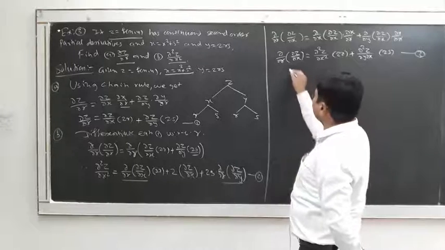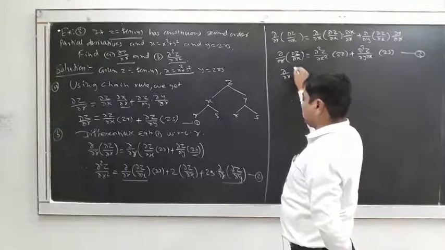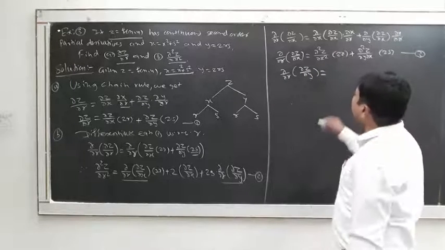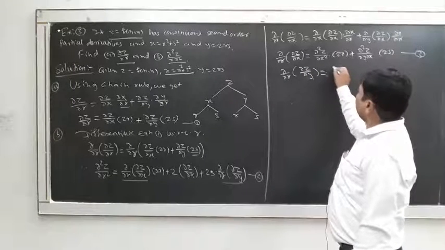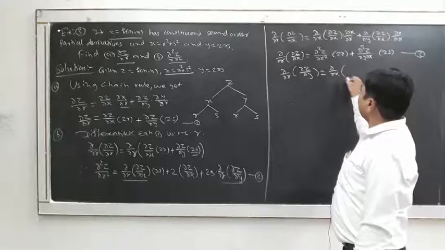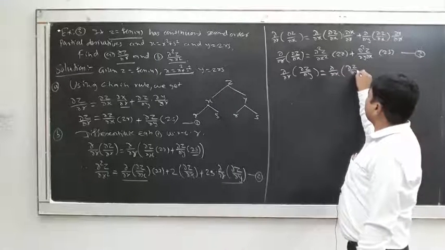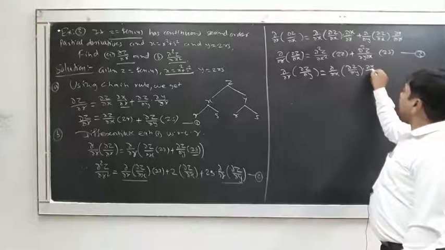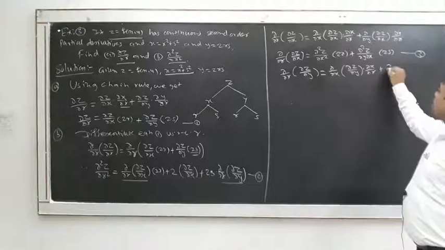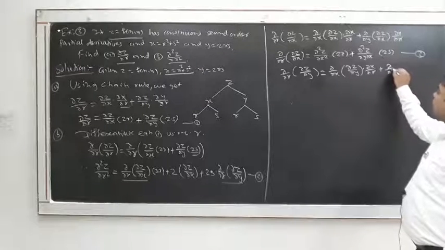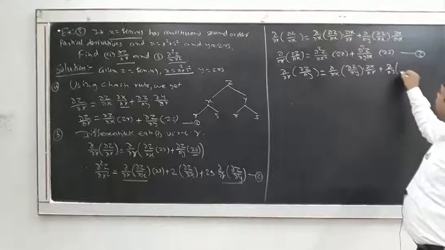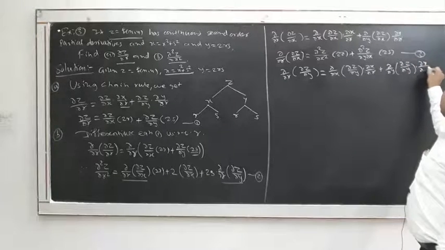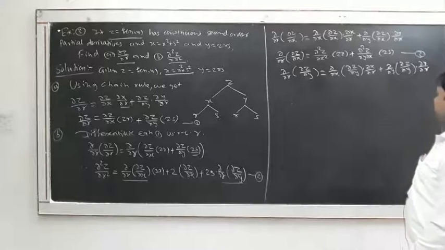And similarly you can find ∂/∂R of ∂z/∂y. What are we getting here? It is ∂/∂x of ∂z/∂y into ∂x/∂R, plus ∂/∂y of ∂z/∂y into ∂y/∂R.